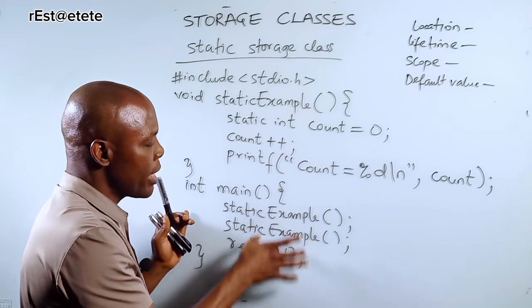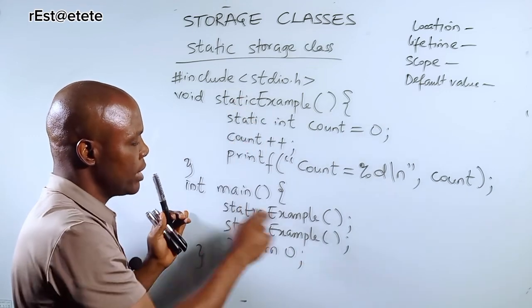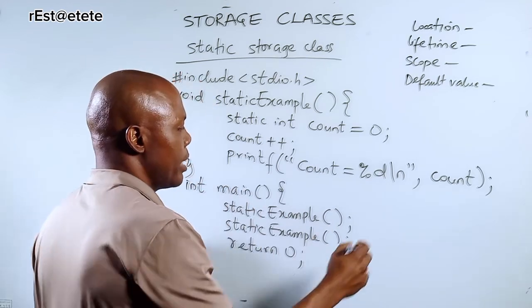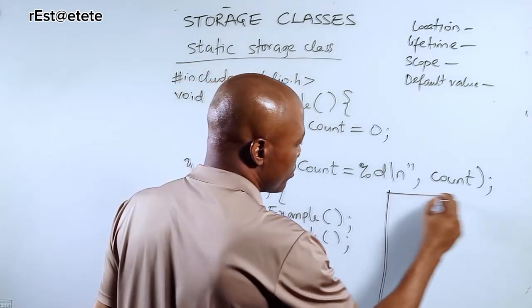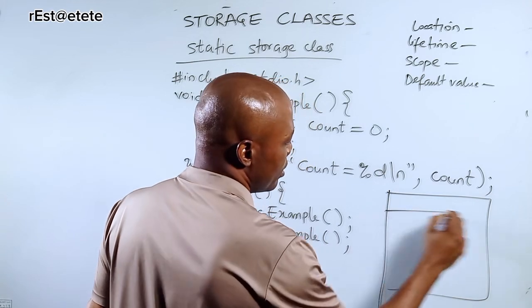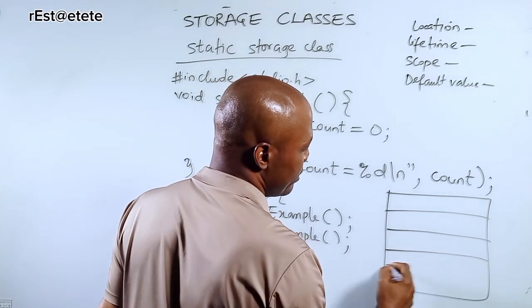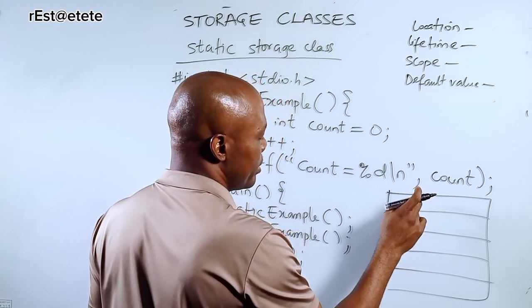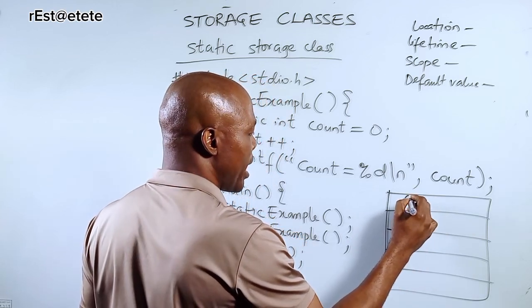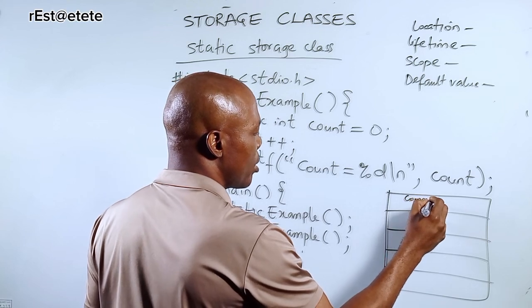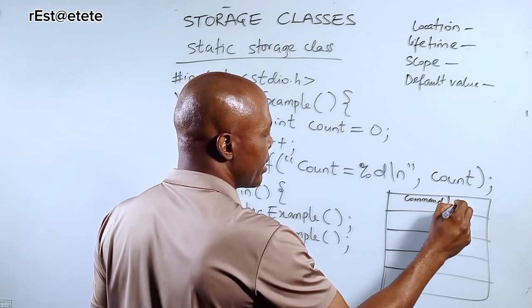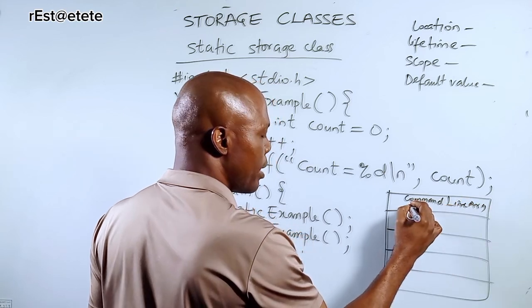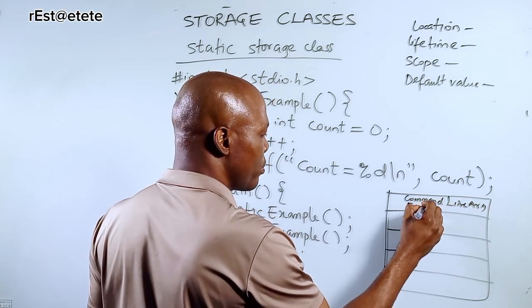Then inside my main, I'm calling this function, static example, the first time. So what will happen? Now, this is my memory layout. I'm just going to leave this place as the command line arguments and the environmental variables.